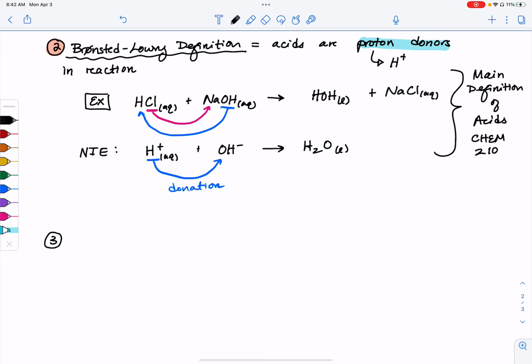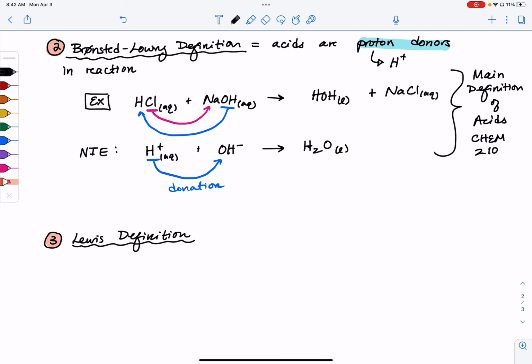Now, lastly, as mentioned, this is something that's going to be more important in organic and biochemistry, but you will see this pop up again in your science career. We have our third perspective of what an acid is, and that is our Lewis definition. And you might recognize that name Lewis because Lewis was our guy who was all about those Lewis dot structures, right?